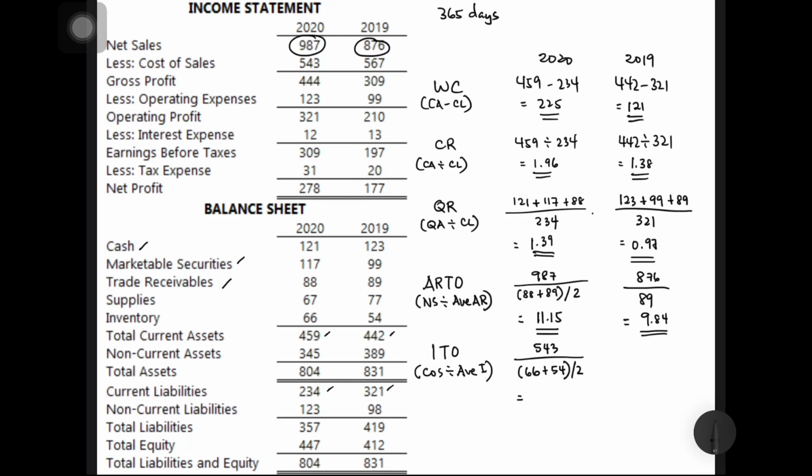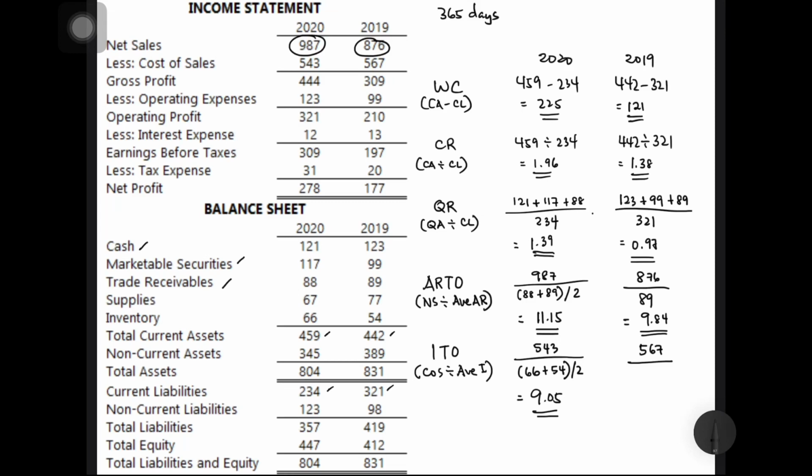Answer is 9.05. And then for 2019, your cost of sales is 567 divided by the average of your inventory in 2019.